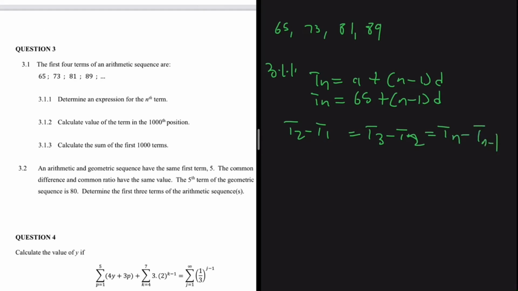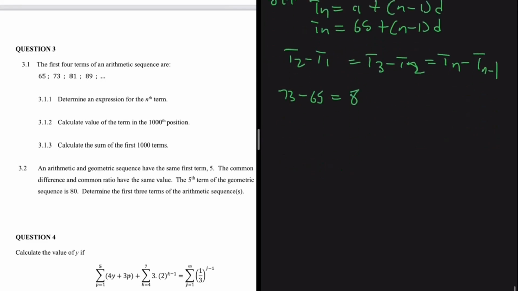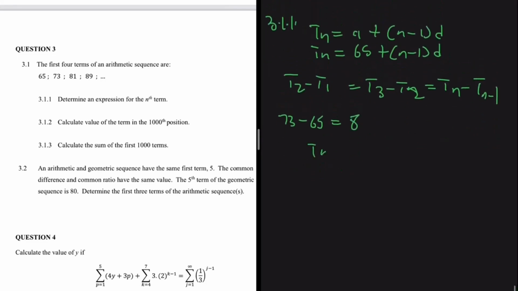So let's take T2 minus T1 and see what we get. So T2 is 73, and then T1 is 65, and if you find the difference of that, you get 8, right?